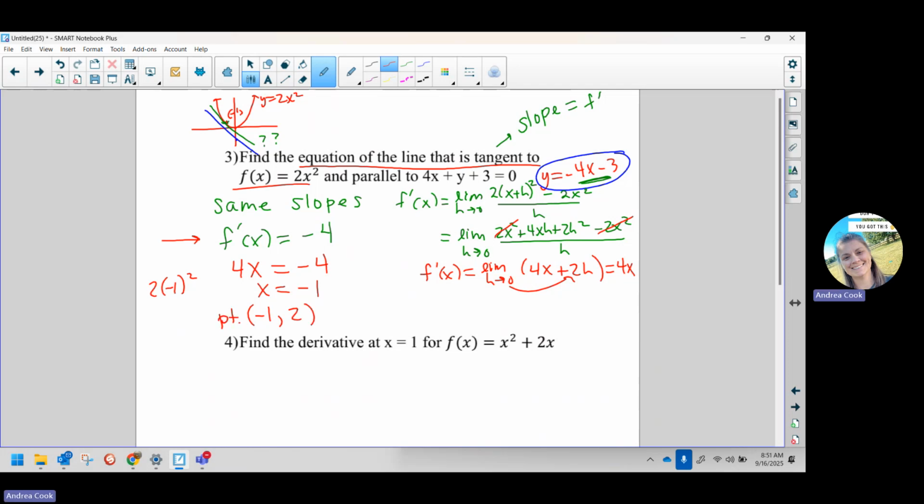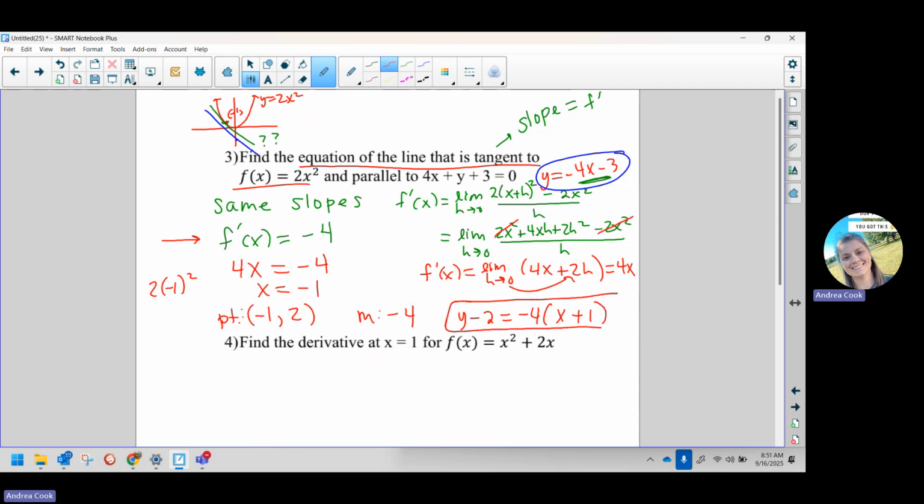There's my point, but I'm writing the equation of a line. What else do I need? Slope. What's my slope? Can I write it as m instead of the word slope? Slope is -4 because they were parallel. So now the equation is just y minus 2 equals m times x minus -1.